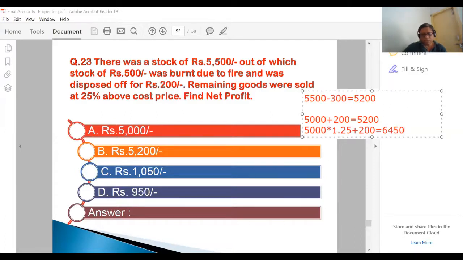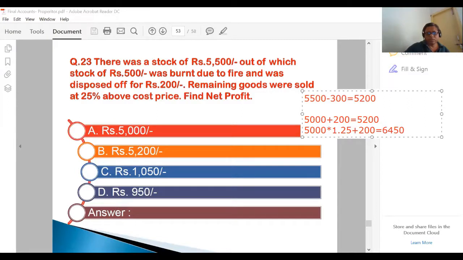So this is basically the calculation. Now I have 5,000 goods which is worth how much? 6,250.